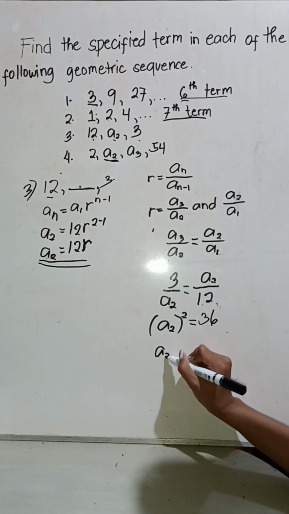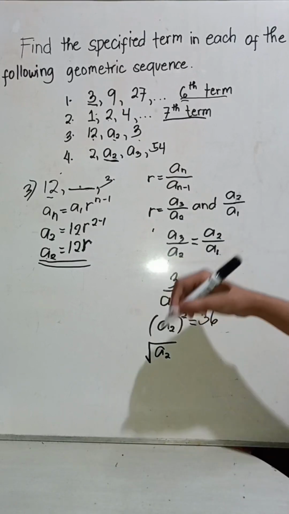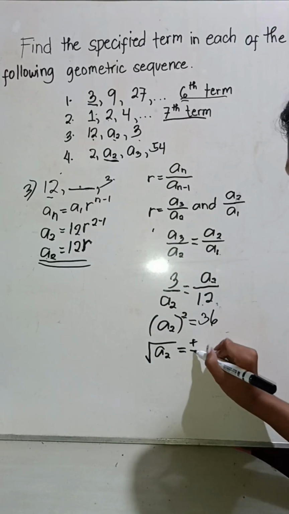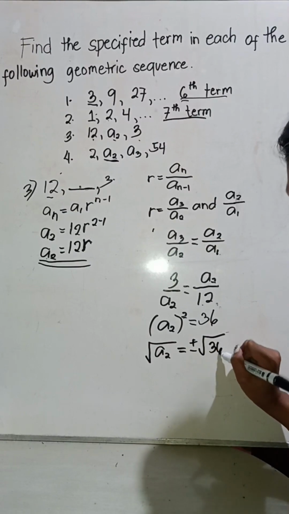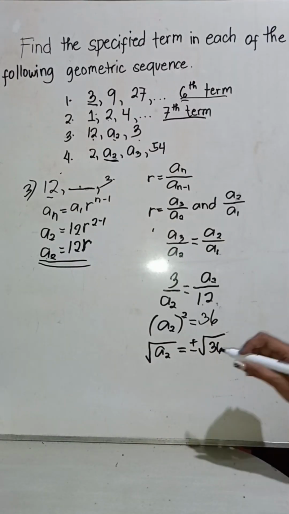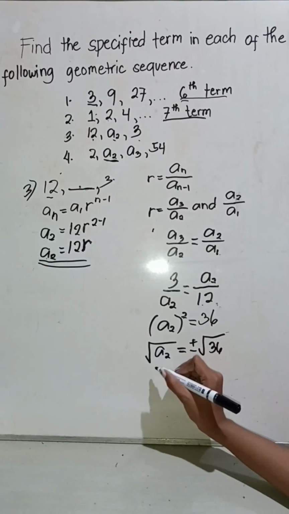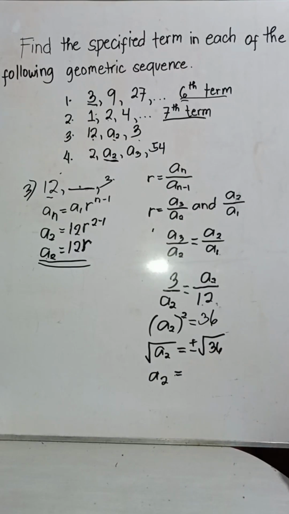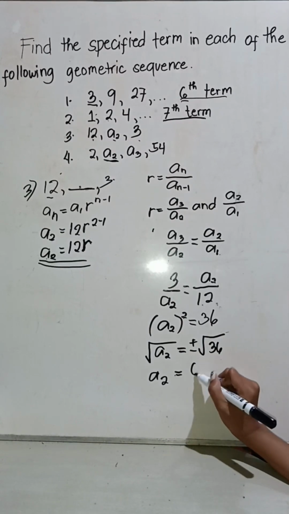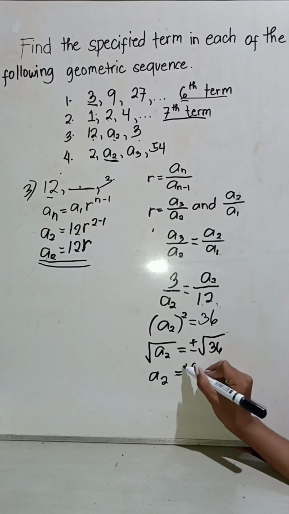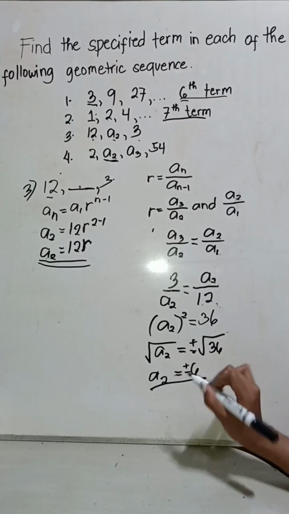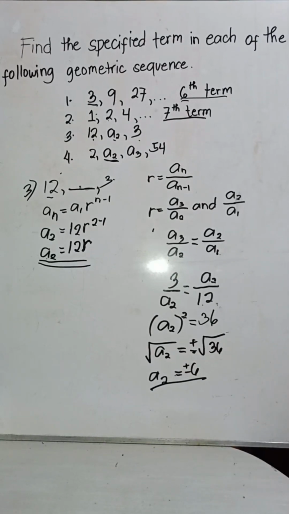So, a sub 2 is equals to positive or negative square root of 36, and the square root of 36 is 6. So, naa tay positive or negative 6. Mao na siya ang a sub 2.